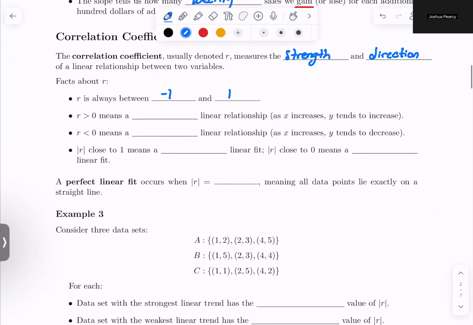Whenever R is greater than 0, it means there's a positive linear relationship. R less than 0 means there's a negative linear relationship. And whenever we take the absolute value of R, if it's close to 1, it means there's a stronger linear fit.